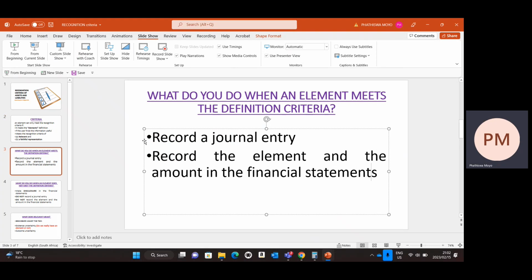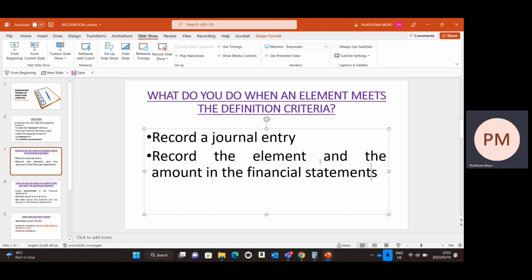Then once you've recorded, remember, this is when the element is meeting the definition and the recognition criteria. You'll record a journal entry, because that is how transactions are recorded in real life and also in the theory of accounting. Then you record the element in the financial statements.